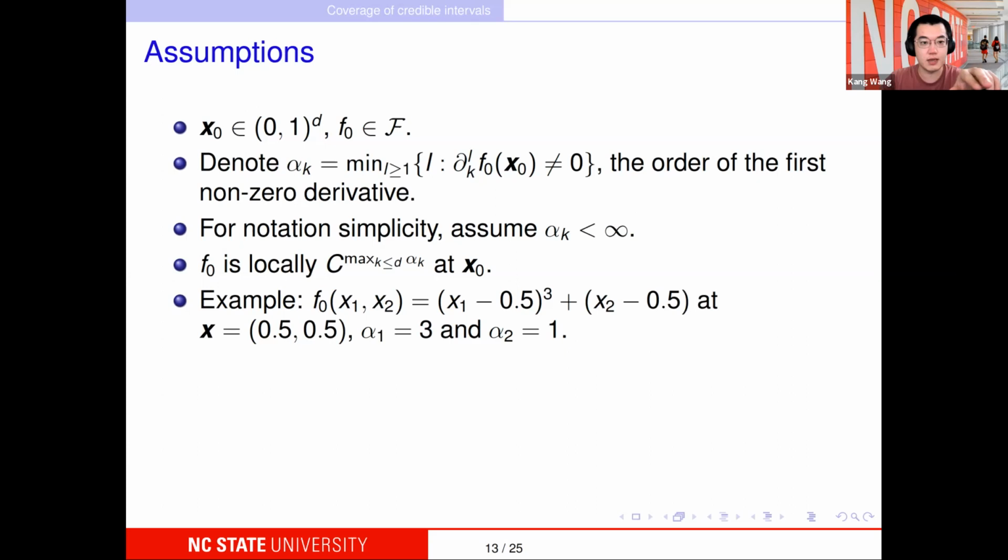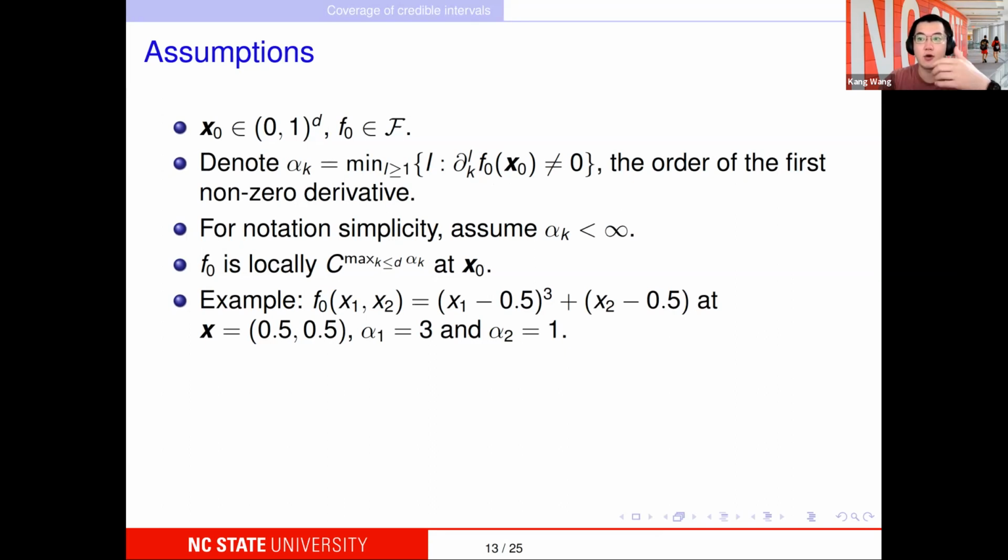The assumption we make here is that x is an interior point of [0,1]^d, and we allow different local smoothness levels alpha_k. Alpha_k is the order of the first non-zero derivative of f0, and for simplicity, we assume all alpha_k are finite.